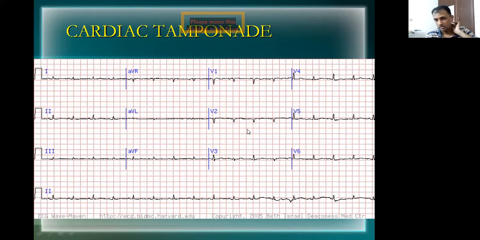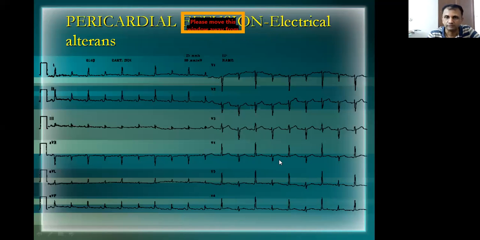Also in this one, if you carefully note this ECG, this QRS complex is different from this one. It's called electrical alternans, where there's one small complex followed by a slightly big complex, then another small complex. Maybe it's much easier to see on the next ECG. This complex is different from this complex.